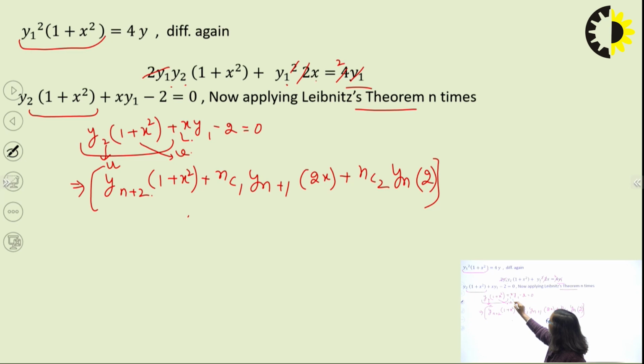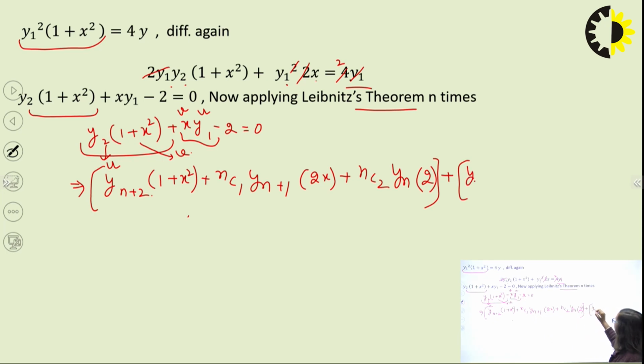Coming to the second pair, this is x into y1. It is clear to you all that now x is taken as the function v and y1 is taken as the first function u. Starting with Leibniz, look at what we write. The nth derivative of the first function, the nth derivative of y1, is yn plus 1, into the second function x as it is, plus next is nC1.